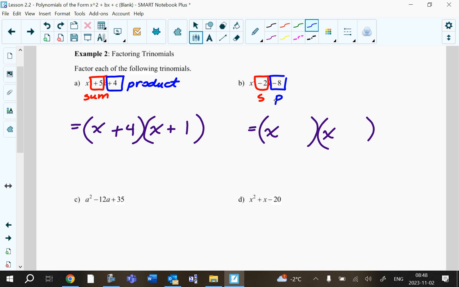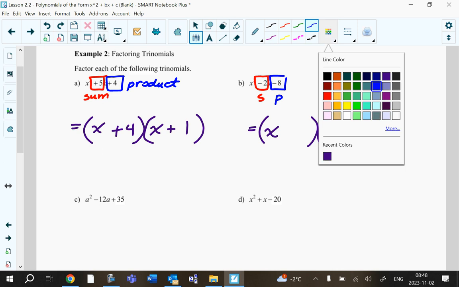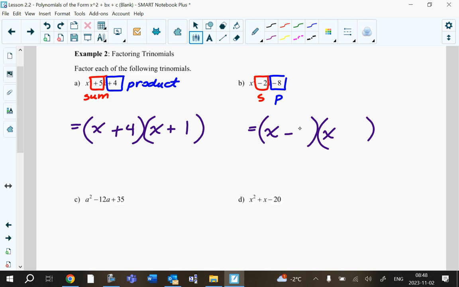What 2 numbers multiply to get negative 8 but add to get negative 2? Negative 4 and positive 2. Or if you wrote positive 2 and negative 4, it's still right. Try the next one.